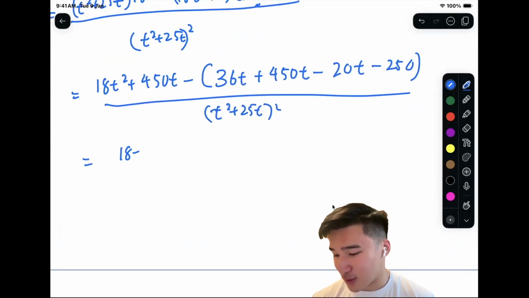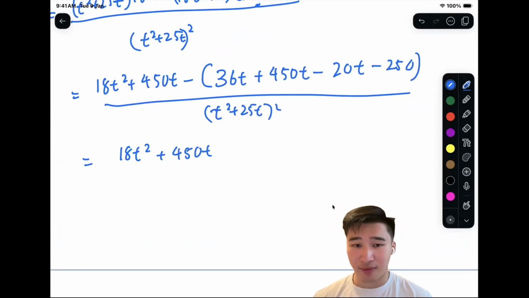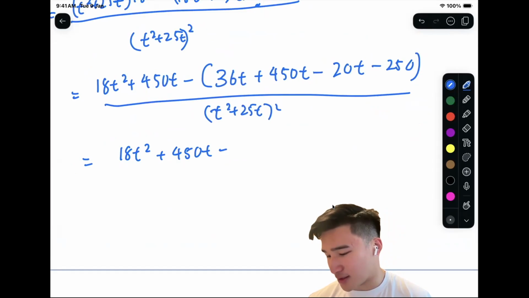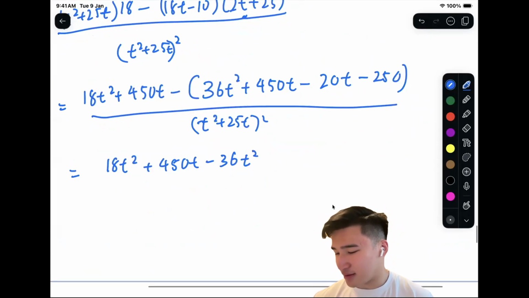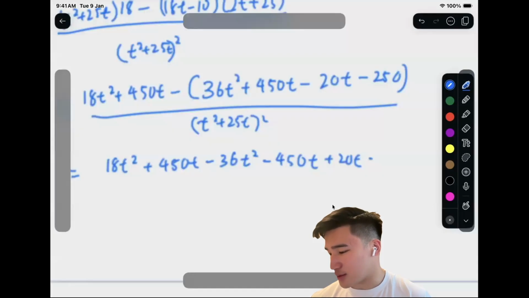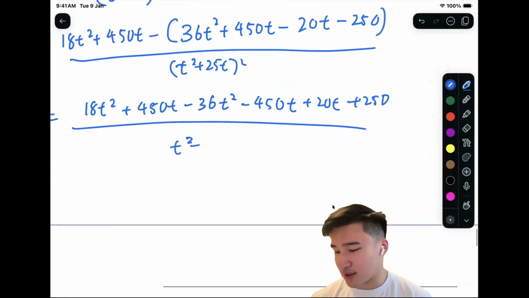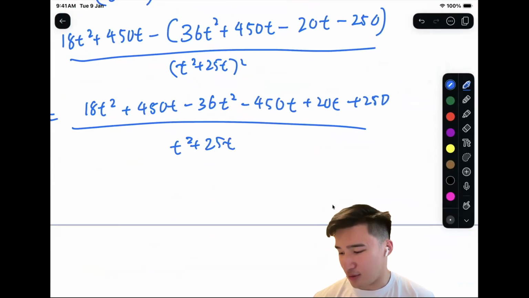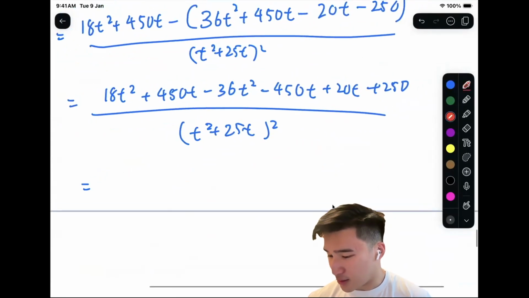So this one is over (T squared plus 25T) squared. We have 18T squared plus 450T, and now we have to flip everything from negative to positive: negative 36T squared. Oh, that should be T squared, yeah, sorry, my bad. And then minus 450T, and then plus 20T plus 250. So all this is over (T squared plus 25T) squared.